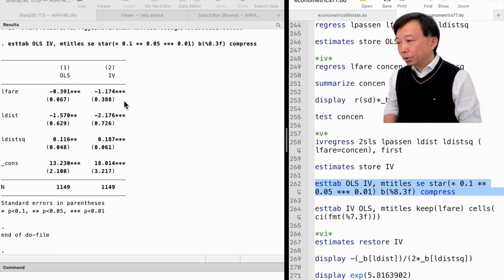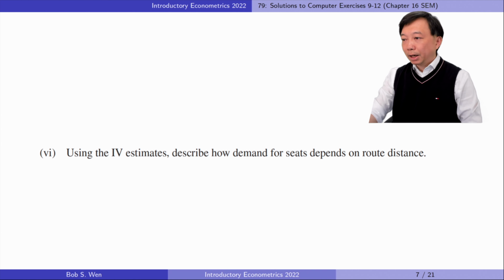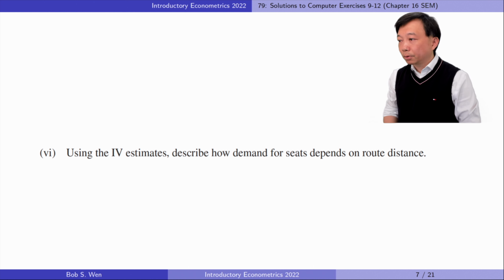The two-stage least squares 95% confidence interval is wider than the OLS confidence interval, but the former does not entirely contain the latter. They overlap partly. In Part 6, using the IV estimates, describe how demand for seats depends on route distance.